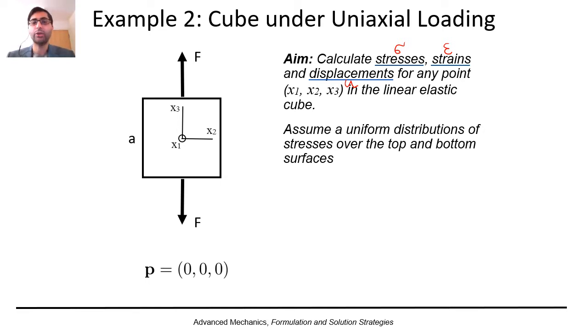And we assume a uniform distribution of stress over the top and bottom surfaces. So, of course, we have a point load, F, acting on both ends, but assume that it results basically in a uniform stress distribution.